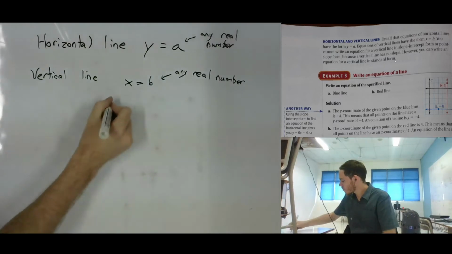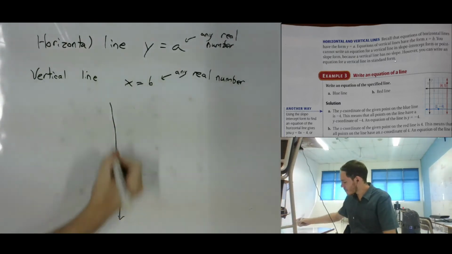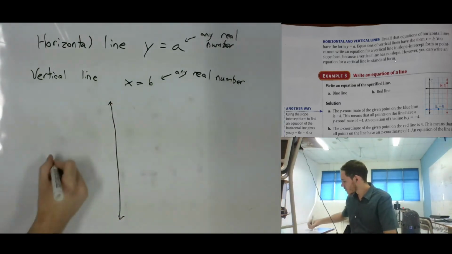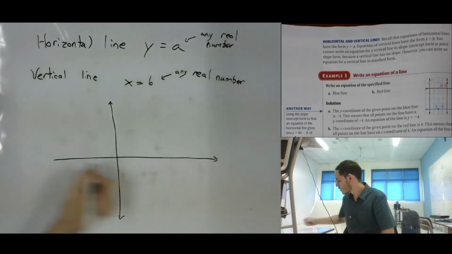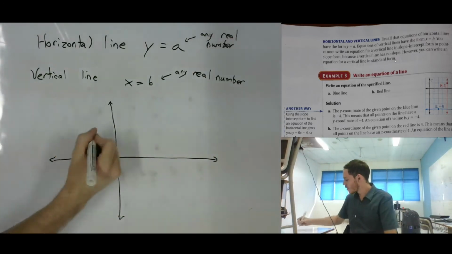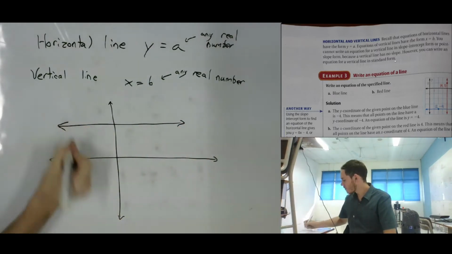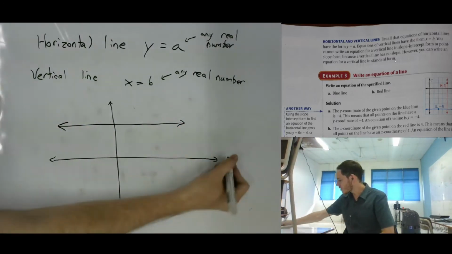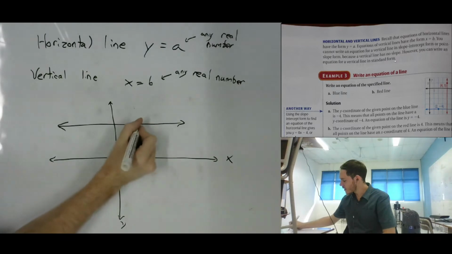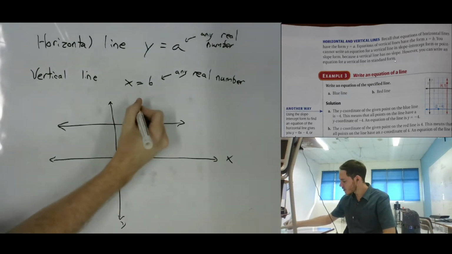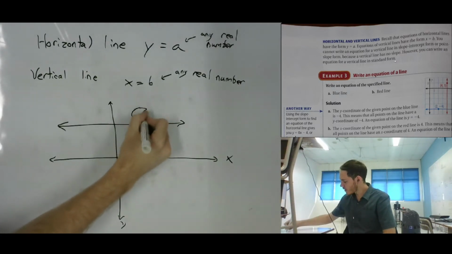Now, let's have a hypothetical. Hypothetically, we have a line. Okay? Sorry, this is our y, this is our x. Let's say this horizontal line passes through the point 3, 4.